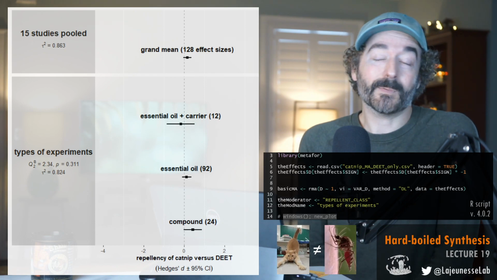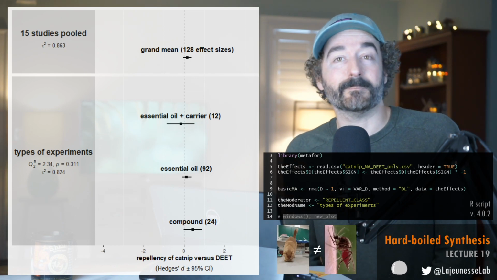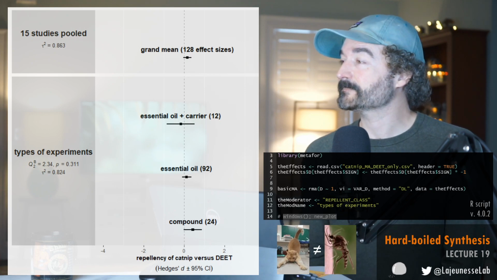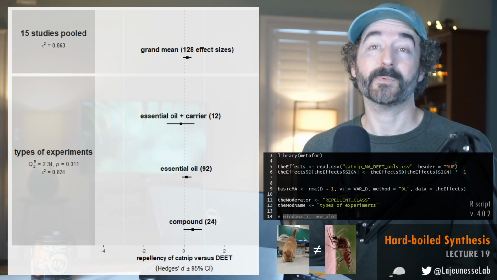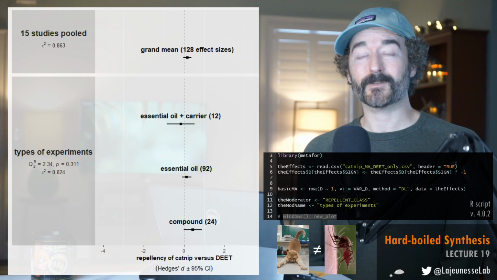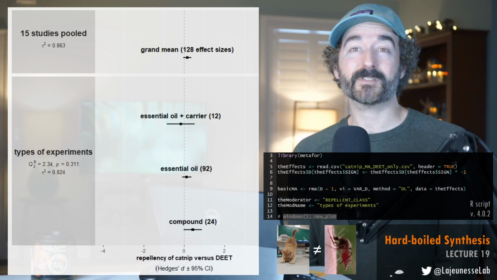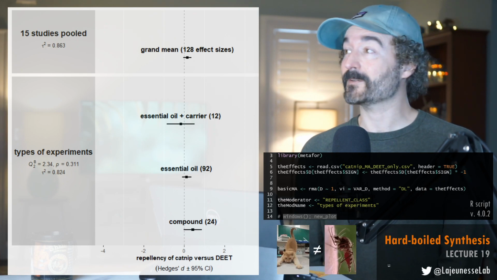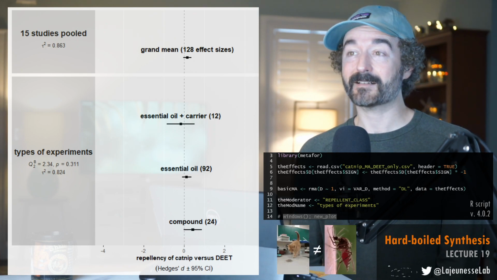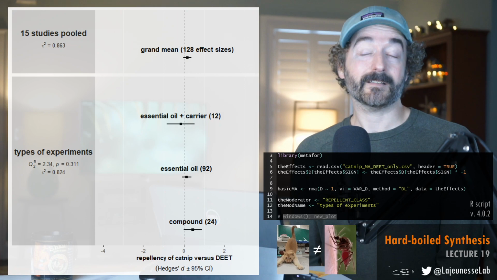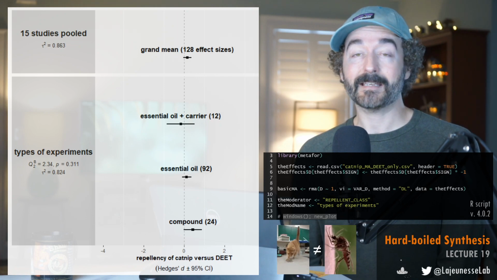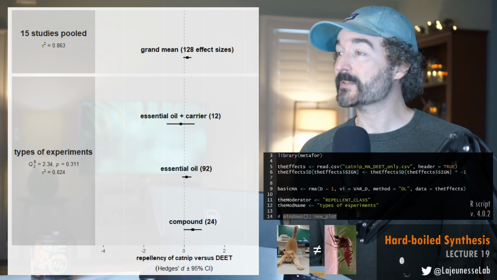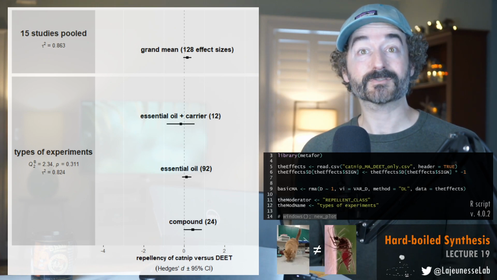Without going into too much detail, this is a type of, again, a linear model, and so we could throw in predictors. Now, there's some mixed language in what we should describe these predictors, these things that could potentially impact differently the efficacy of a catnip. Some people call them moderators.